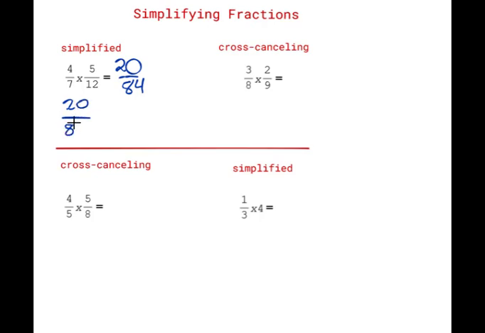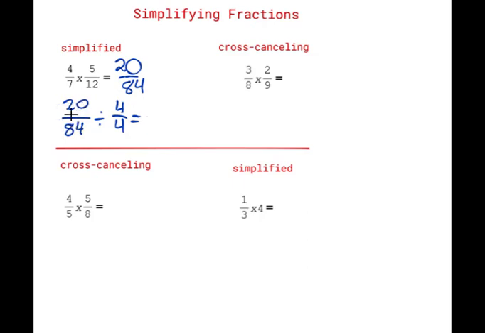So I'm going to simplify this fraction by dividing it by 4 over 4. And the reason that we use the same numerator and denominator is because that's equal to 1, and we want this to be equivalent.